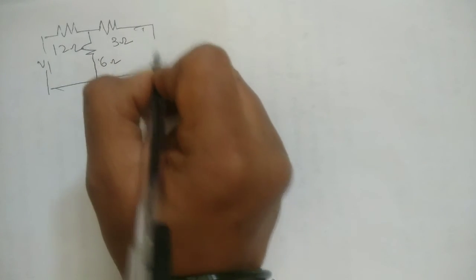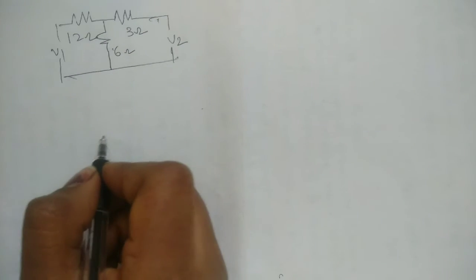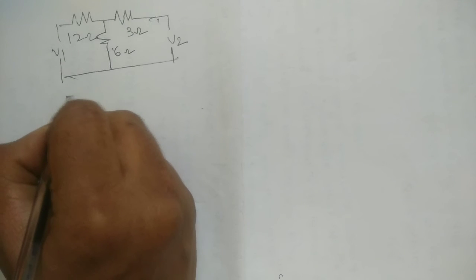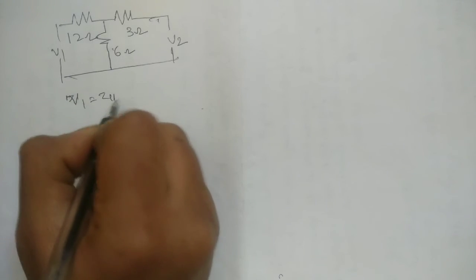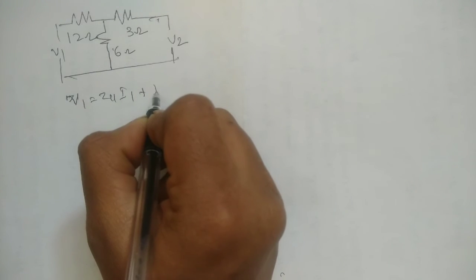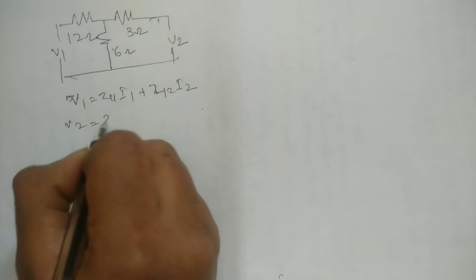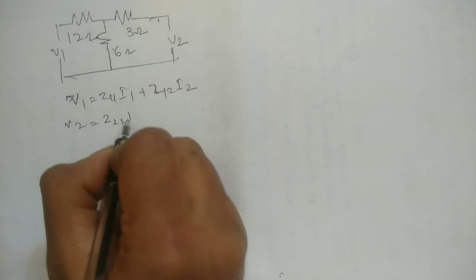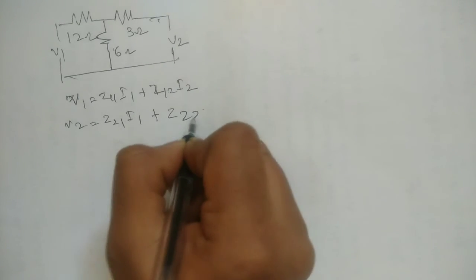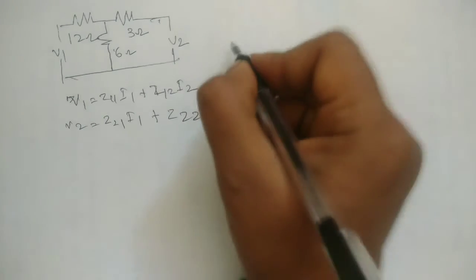Yes, 12 ohm, 3 ohm, 6 ohm. This one is V1 and this one is V2. Same. V1 equals Z11 I1 plus Z12 I2. V2 equals Z21 I1 plus Z22 I2.